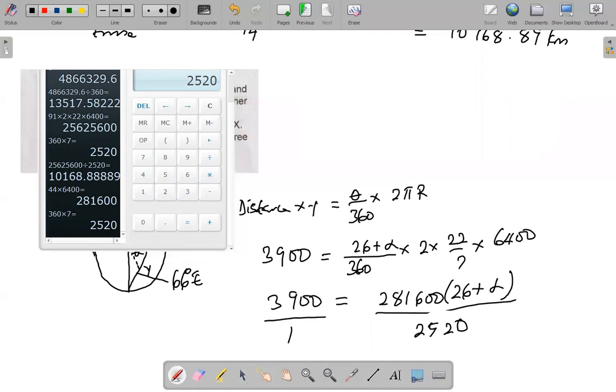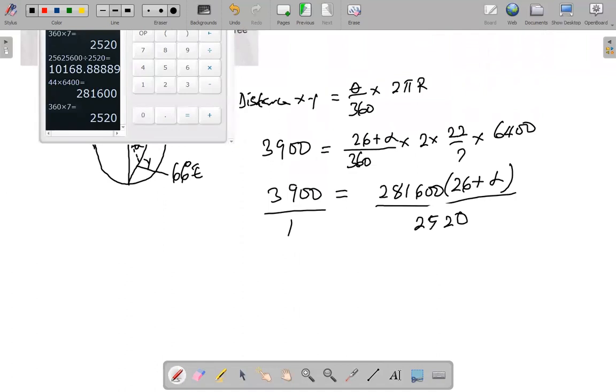So I have 281,600 multiplied by 26 plus alpha equal to 3,900 multiplied by 2,520.